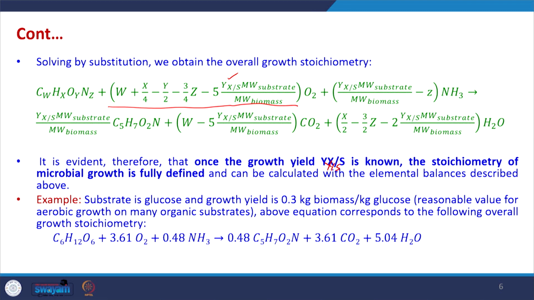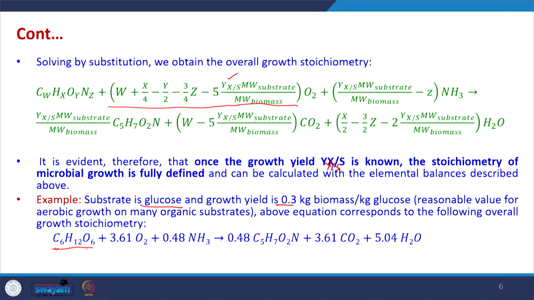So, for another case, suppose the substrate is glucose. In place of a generic substrate, if we write for glucose, which is C6H12O6, and write the balance equation for this, and suppose the growth yield, experimentally determined, is 0.3 kg biomass per kg glucose, which is a reasonable value for aerobic growth on many organic substrates.